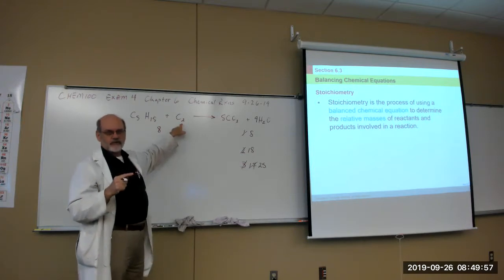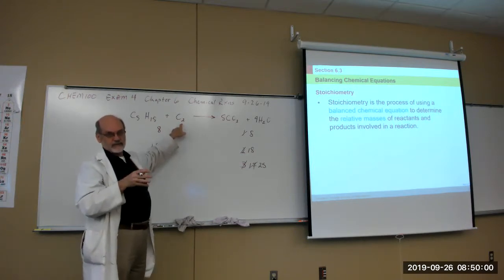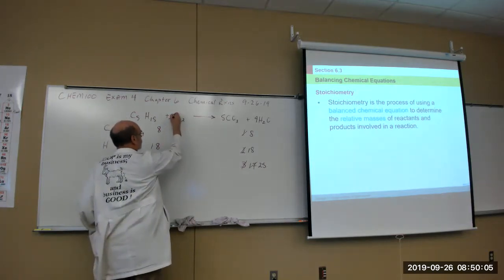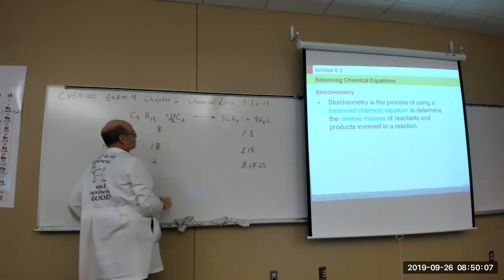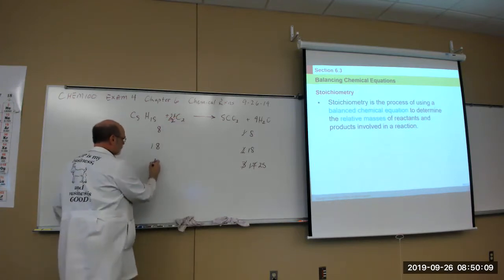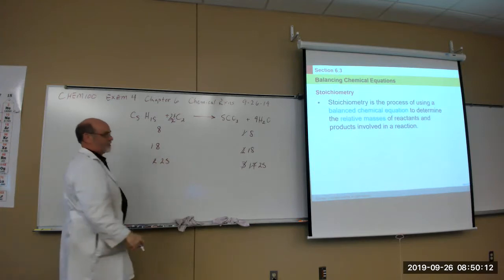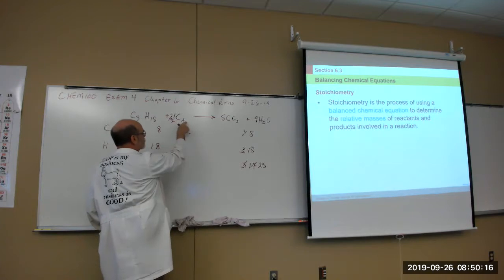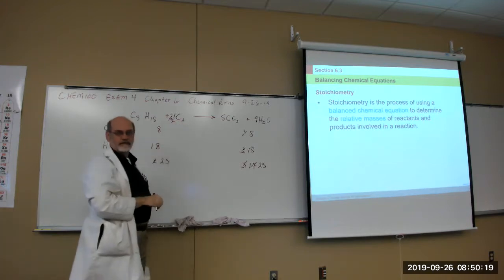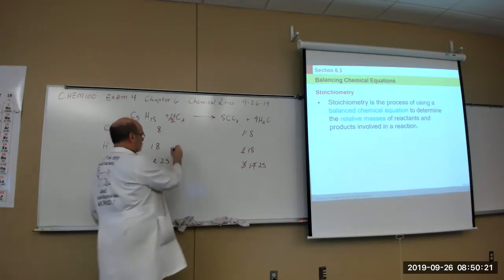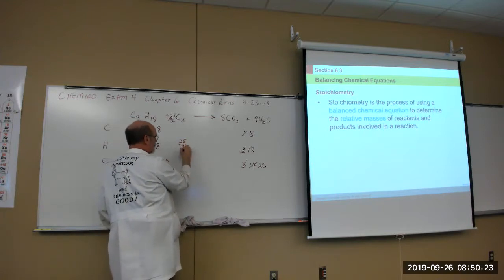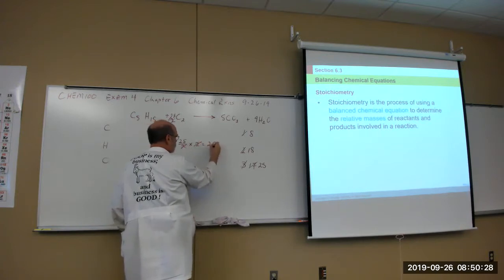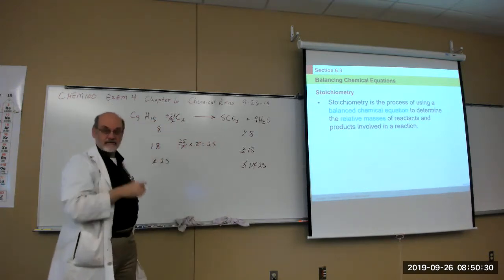Use a fractional coefficient, just as an intermediate step. So if we say 25 halves, that will give us 25 here. How do I know that? Because 25 halves times 2 is 25, right? Okay?